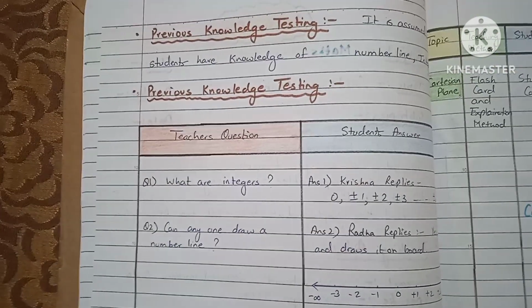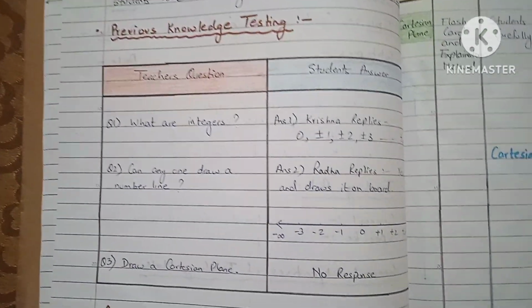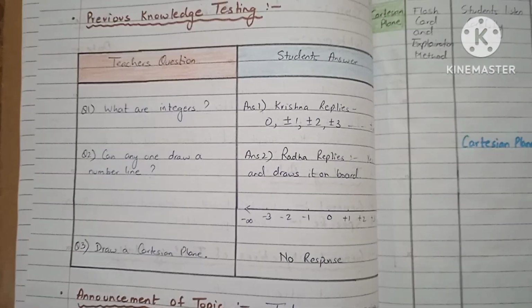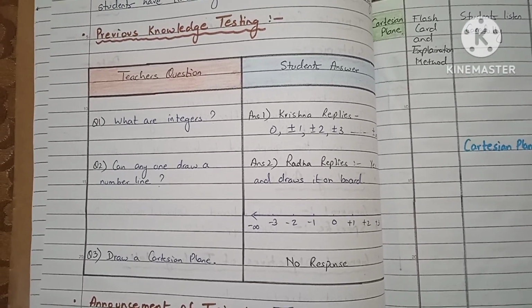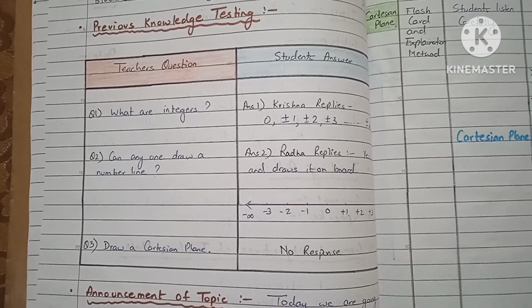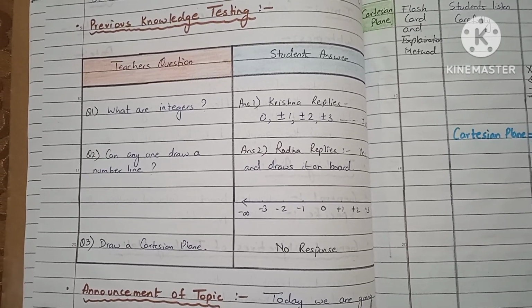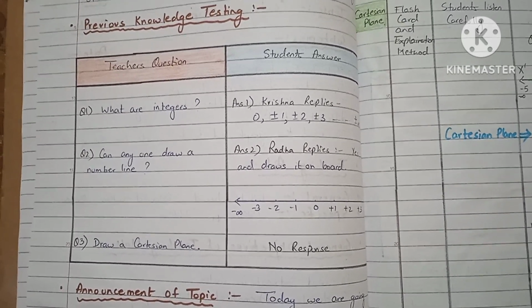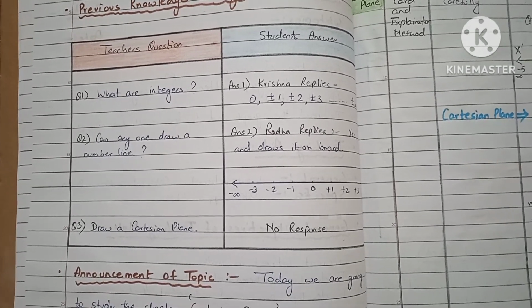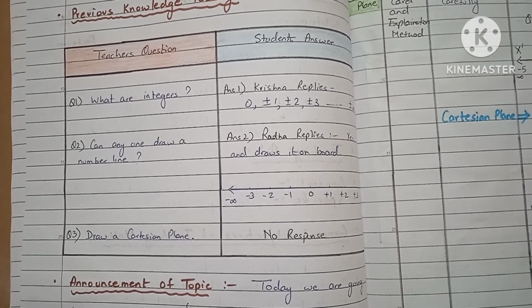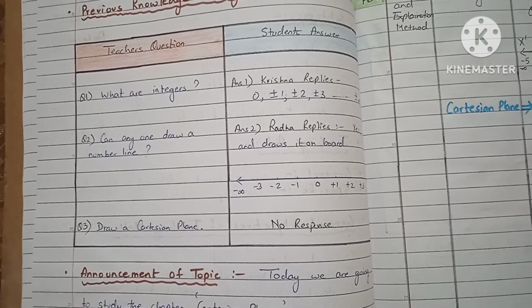For previous knowledge testing, the teacher asked the following questions. Question number 1: What are integers? Krishna replies 0, plus minus 1, plus minus 2, plus minus 3, till plus minus infinity. These are integers. Question number 2: Can anyone draw a number line?